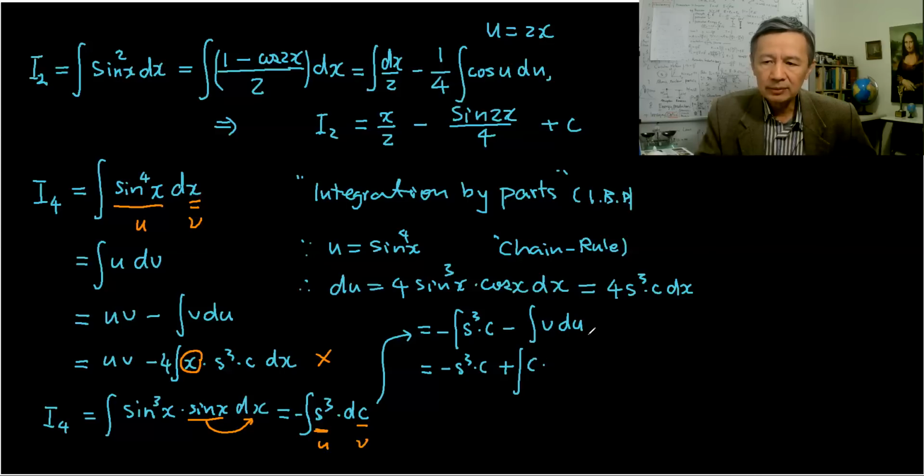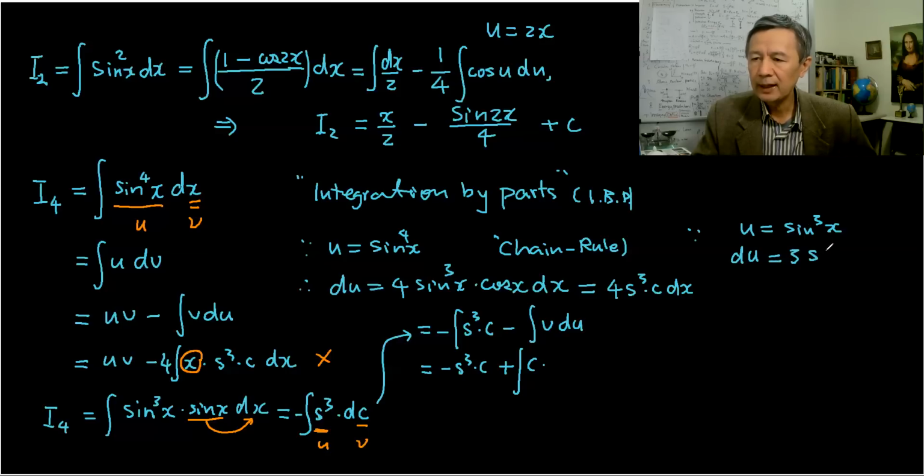How about du? Now, du, instead of doing the integration of the power of 4, this time we don't need this one. We use the same argument here that in this case, u equals S cubed, sine cubed x. Therefore, if we want to find the differentiation of u, you have to use this formula: 3 sine.